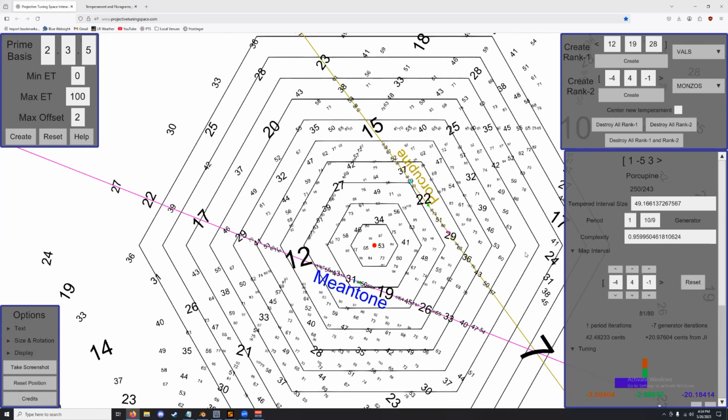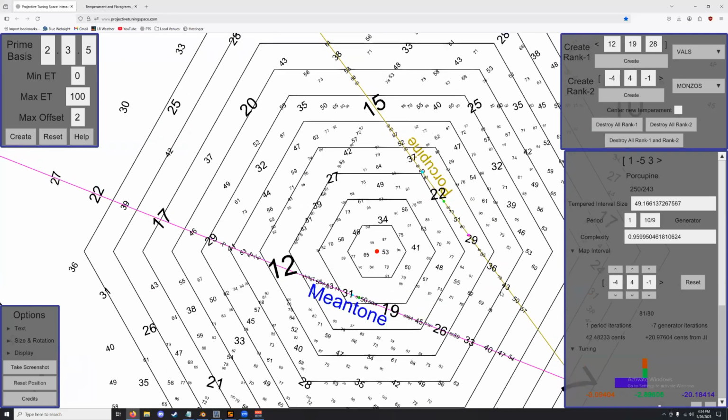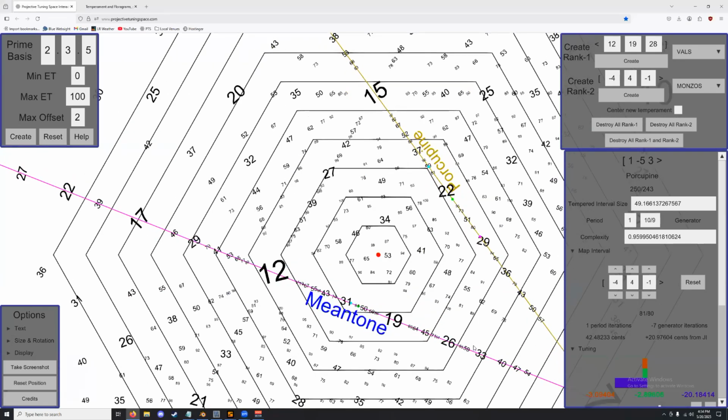If you do that enough, you'll find temperaments that don't have names. Yeah, there are some really absurd temperaments that you can find in here, especially if you go to really high numbers and then get something that's super close to meantone.